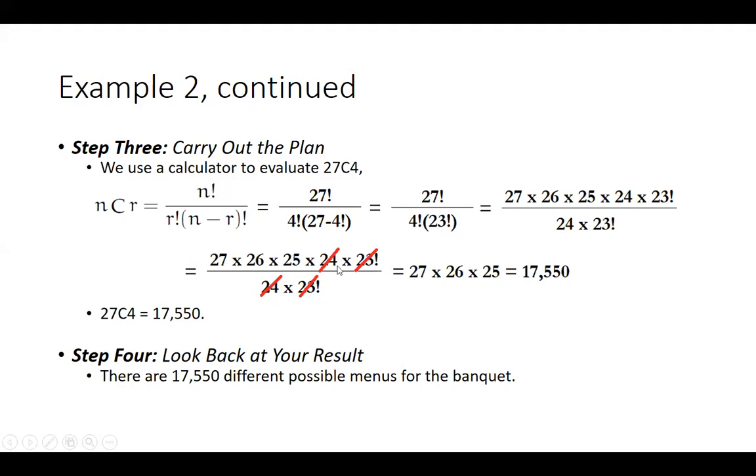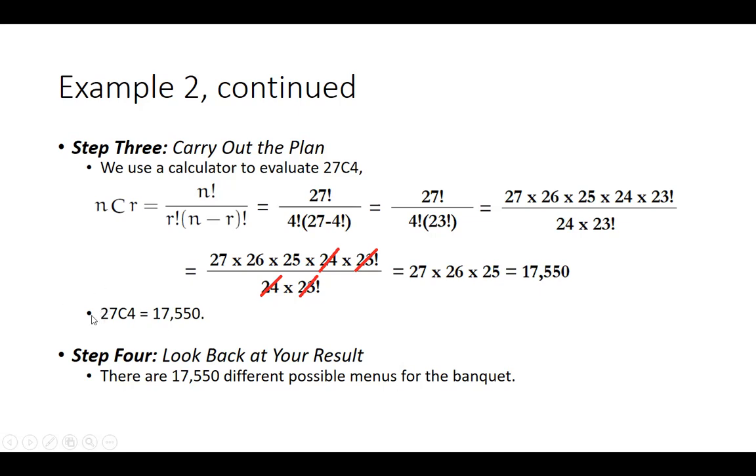The 24 on the top cancels out with the 24 on the bottom. As we said, the 23 factorial on top will cancel out with the 23 factorial on the bottom. And this leaves us with 27 times 26 times 25, which is 17,550.